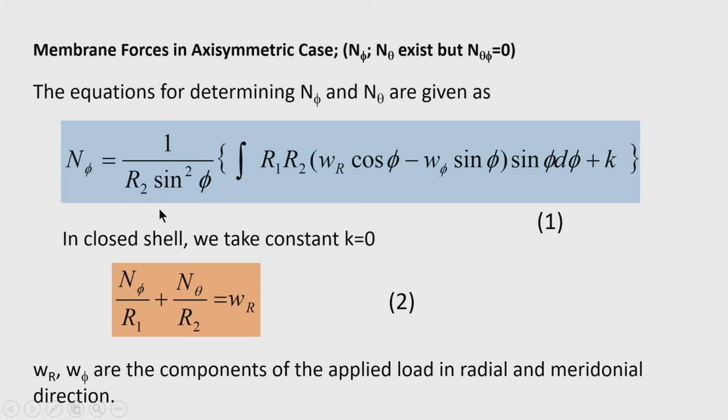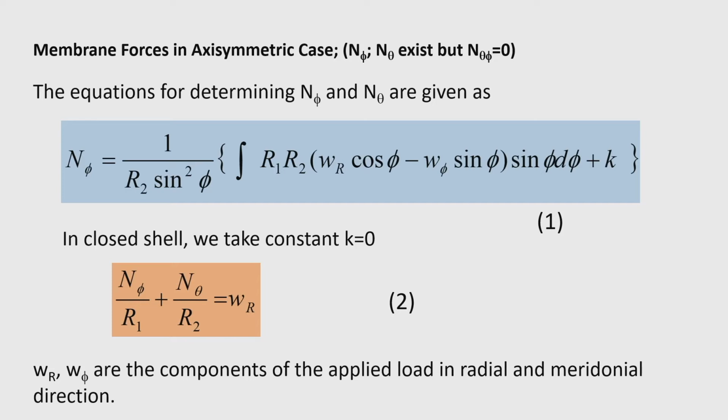Now, in the membrane analysis of a shell, we are basically dealing with three quantities: one is N phi, another is N theta, and another is N theta phi. In general, N theta phi also exists for any type of loading, but when the axisymmetrical case is considered, that means loading is symmetrical about the axis of rotation, then we neglect N theta phi.